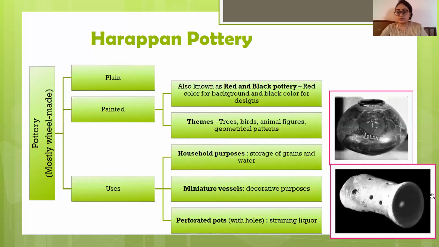In the picture you can see these perforated pots. What is their use? Specifically for straining liquor or something like that. If you want to strain some liquid, you can strain it with these perforated pots. So basically pottery was used for these three purposes.